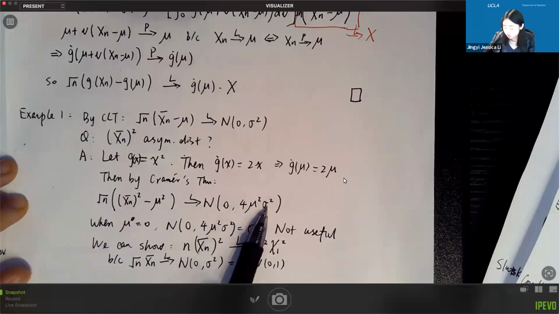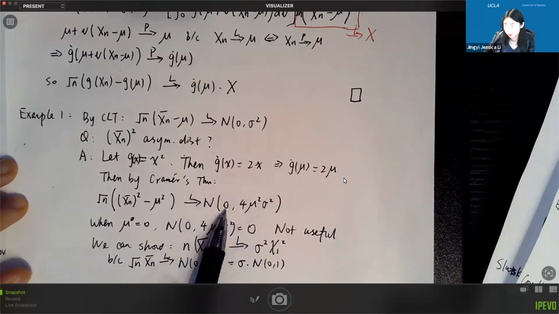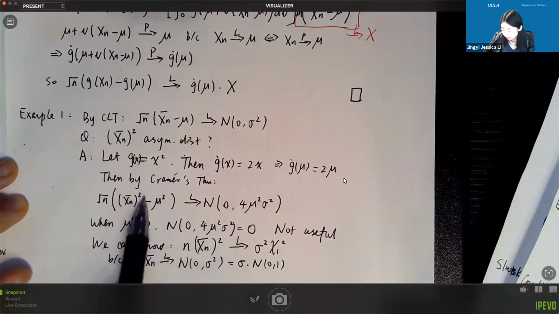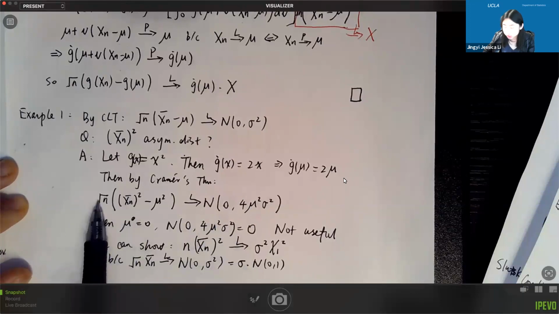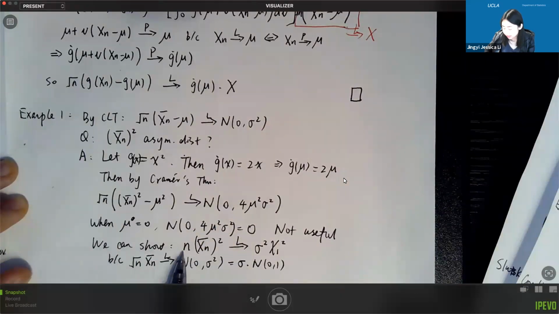So we have a degenerate limiting distribution, which becomes the point mass at zero, and this is not useful. So in this case, we need to multiply the left-hand side by a larger constant, one increasing faster than root n does, and that's n.